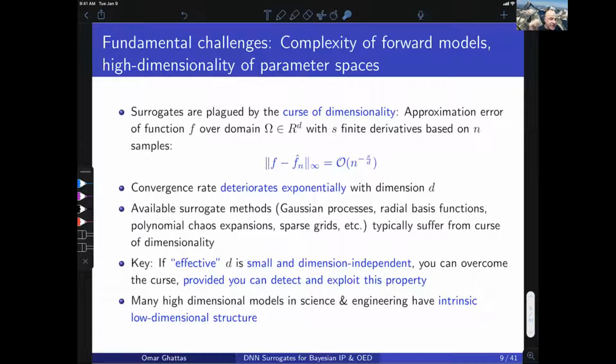If they decay sufficiently rapidly, then the problem is governed effectively in lower dimensions. If we can exploit that, then we can build an approximation in lower dimensions. So that's what we're going to do today. We're going to do it with neural networks.